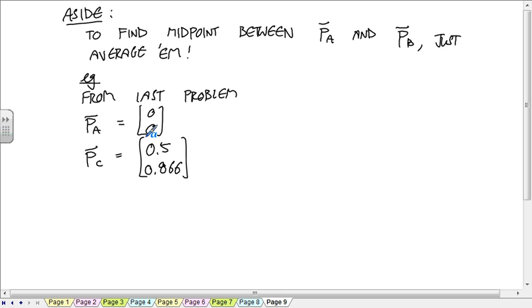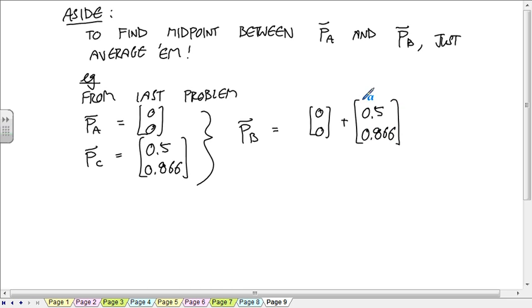So instead of using cosine and sine again to calculate the point B, you could just say that the point B is 0, 0 plus 0.5, 0.866 divided by 2, and it gives you the coordinates of the midpoint.